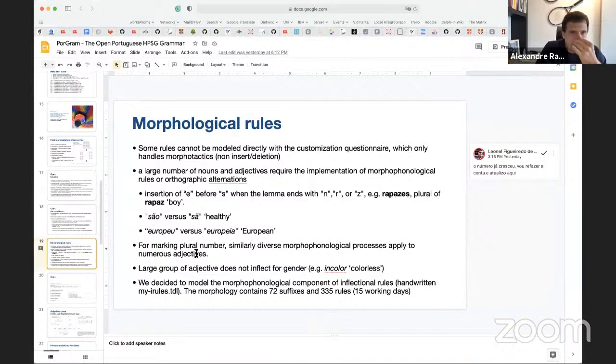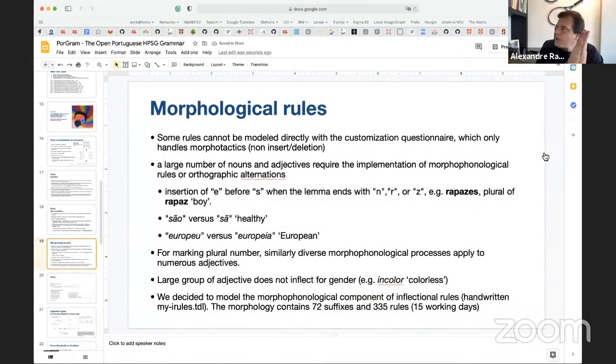Then we have this discussion about the limitations of what we can encode in the dictionary and what we can encode in the formalism itself, right? In the questionnaire we just encoded morphotactics. We don't have the expressivity to encode anything more.